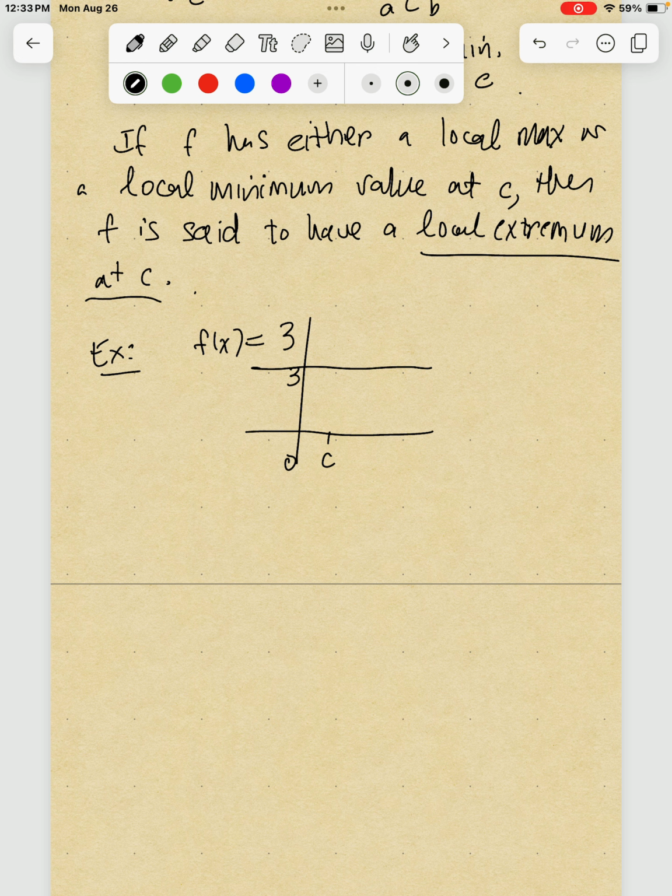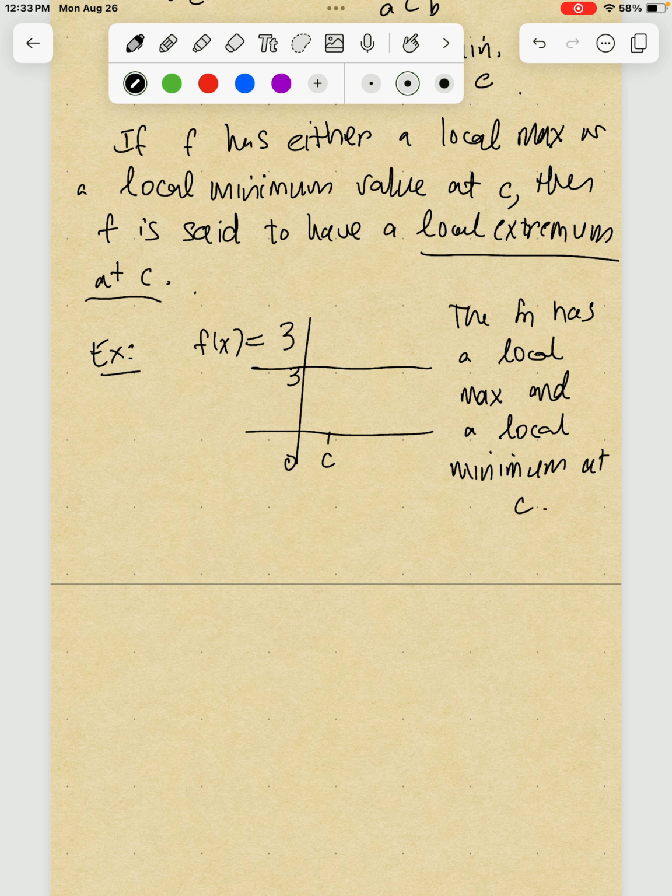Well, this function does have a local maximum and local minimum at C, because there is an interval, in fact for every interval, but all we need is some interval for which the value of f of C, which is 3, is bigger than or equal to all the other y values in this interval.